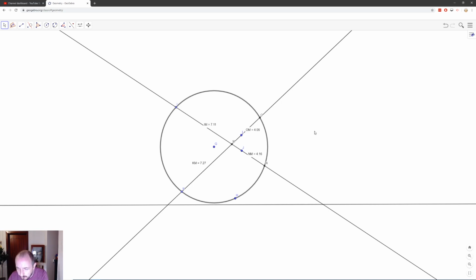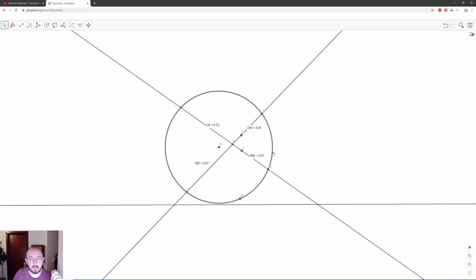That gives you 29.57, and 7.27 down the bottom left times 4.06 is 29.5 as well. So those two points, I to M times M to N, is equal to K to M times M to O. Hopefully you can see that.